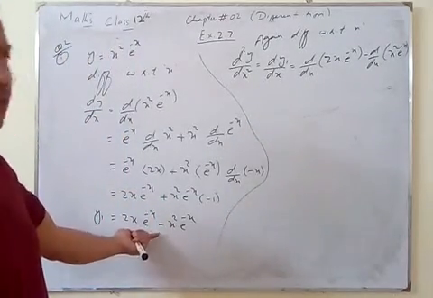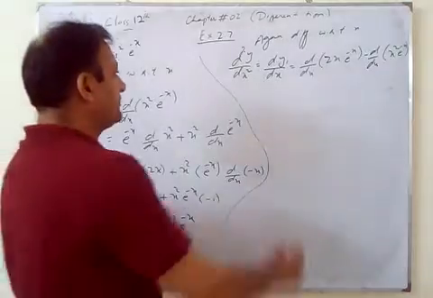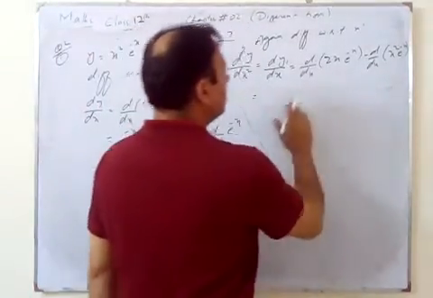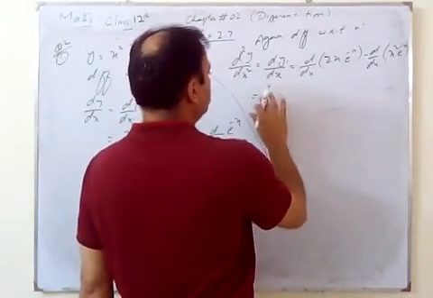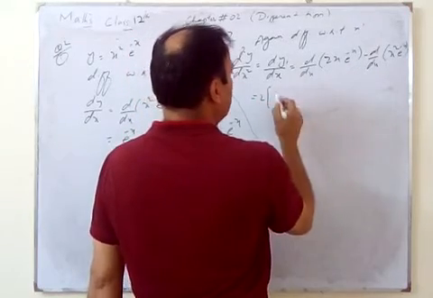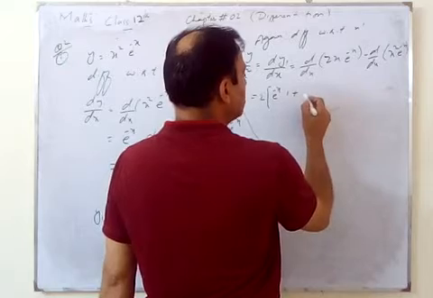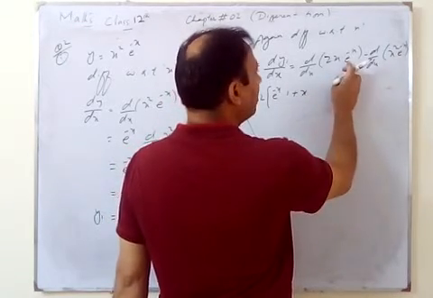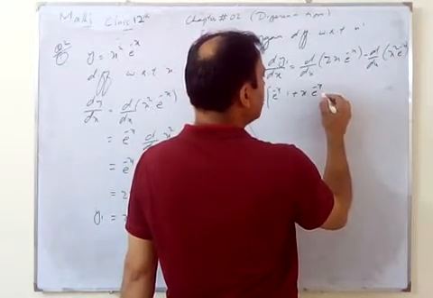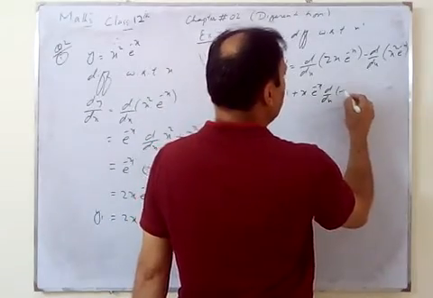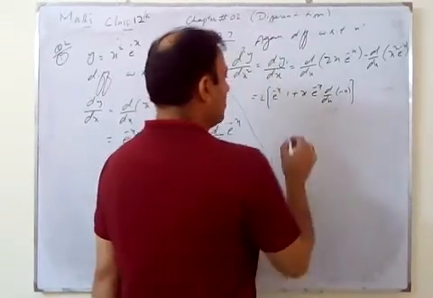For the first term: 2 into e power minus x times the derivative of x, which is 1, plus x times the derivative of e power minus x, which is minus x into the derivative of minus x, the minus sign.